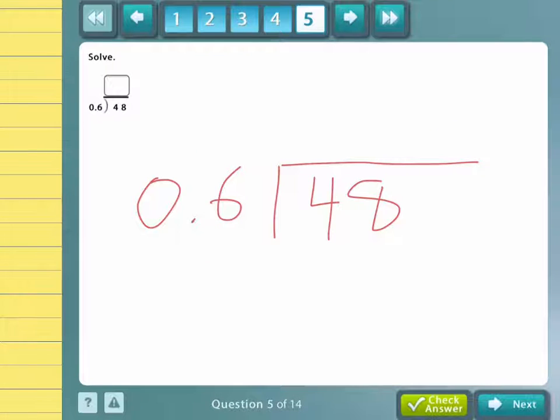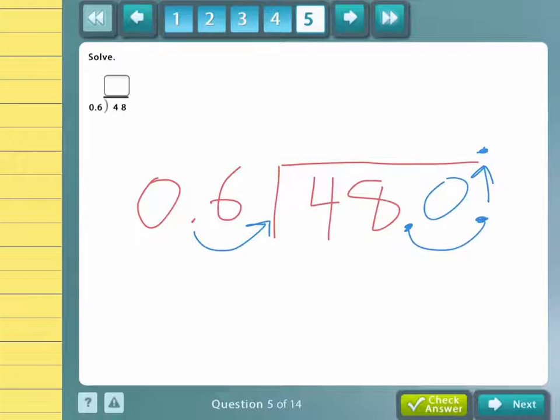Alright, simple division problem. We do not want to divide by a decimal, so we multiply the divisor by 10, and we multiply the dividend by 10, annex a 0, moving on up to the quotient, and then we have 6 into 480. These are equivalent division problems, and they're going to get the same answer, so that's why we can do that.